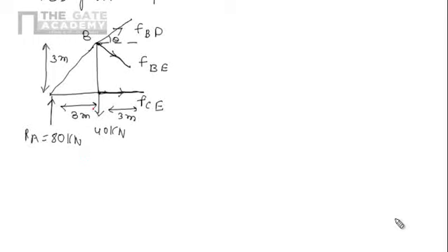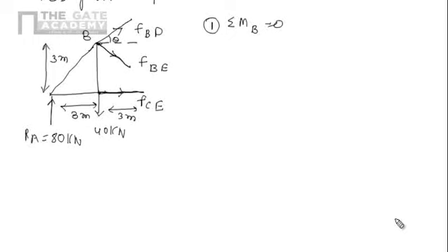Let's find the values of unknowns. So here, by seeing the diagram, we will use the conditions of equilibrium for solving the values of unknowns. So let's take condition like algebraic summation of moments of all the force about B should be 0.